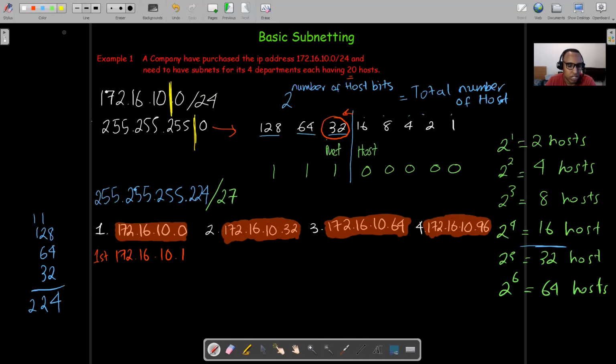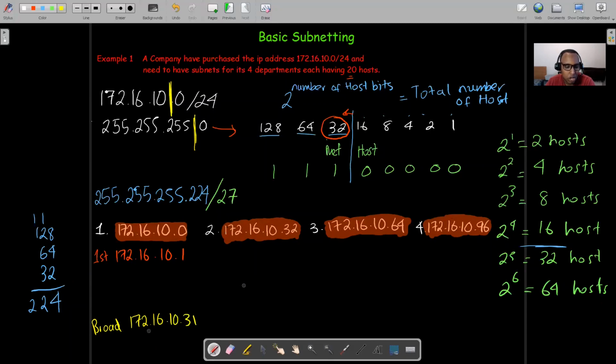Okay, and the next address that we're going to need to find out is our broadcast address. And our broadcast address, we said, was the address that is used to communicate with all of our hosts in our subnetwork. And the way we do that is by looking at our next subnet, which is 32. This is the second network for our subnet. So what we're going to want to do is minus 1 from this IP address to give us our broadcast. I'm just going to write broad, and that will be 172.16.10.32 minus 1.